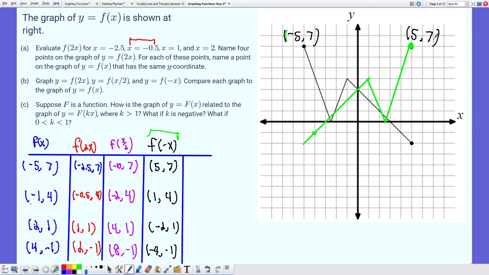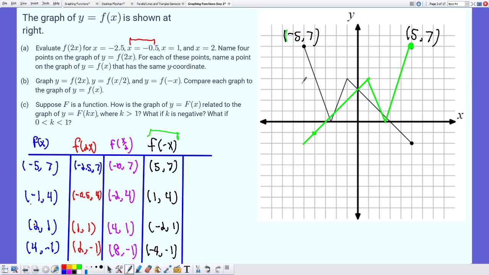So we get a basic reversal of the original graph, which makes sense because when we were doing the vertical shifts, negative f of x was a vertical reflection over the x-axis. Now we have our horizontal reflection over the y-axis.